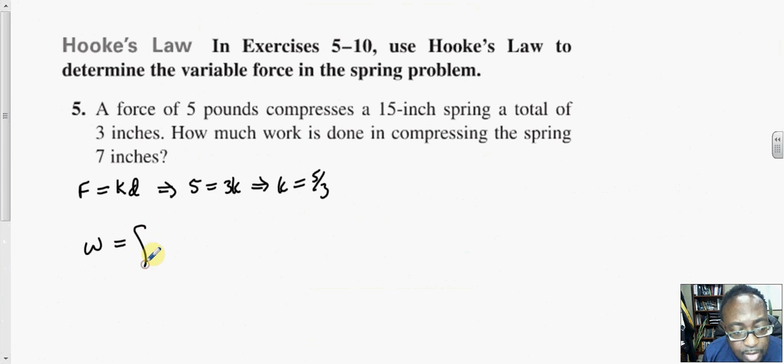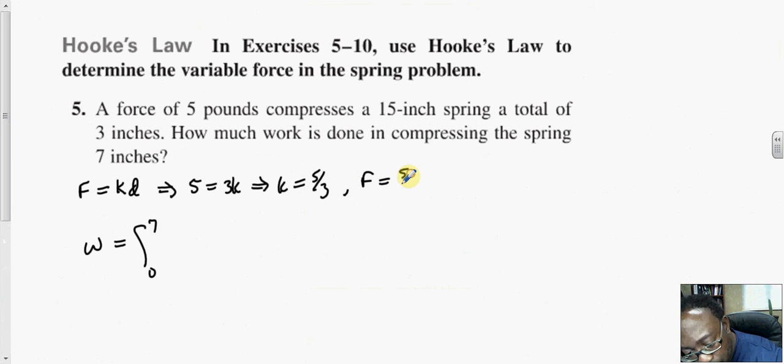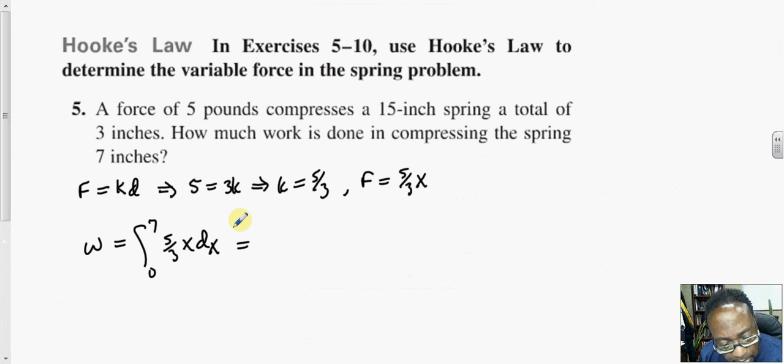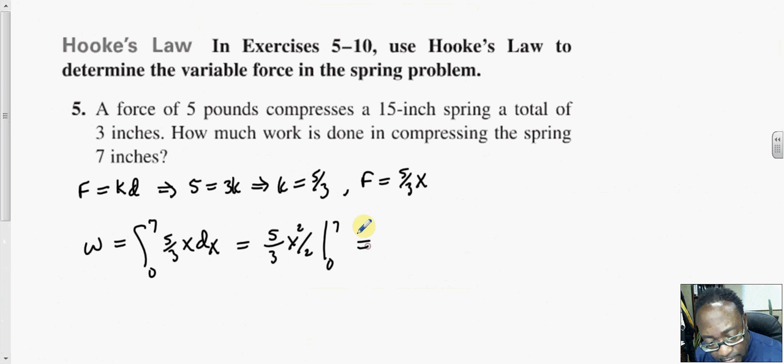So now calculate the work. The work here is the integral. How much work is done in compressing the spring 7 inches? So from 0 to 7. The force, what is that? The force is equal to 5/3 times x. So work is the integral of the force times dx. So the integral of 5/3 x dx. And here we have 5/3 times x squared divided by 2, evaluated from 0 to 7.